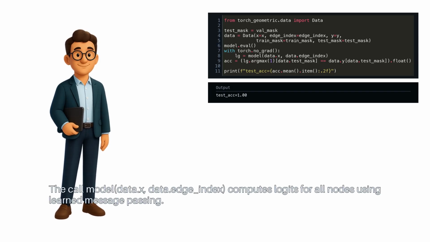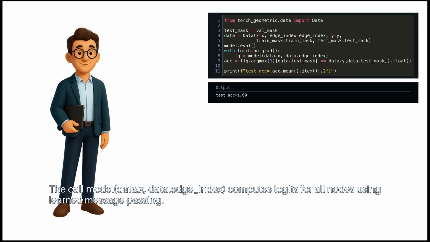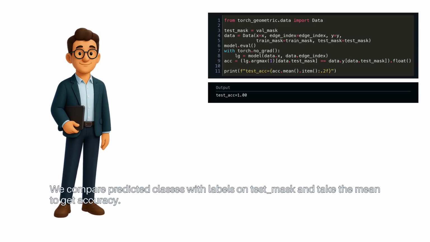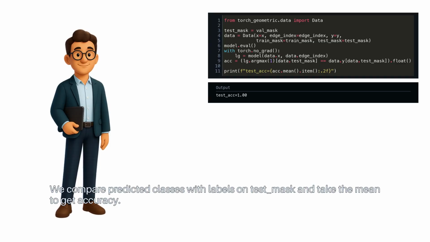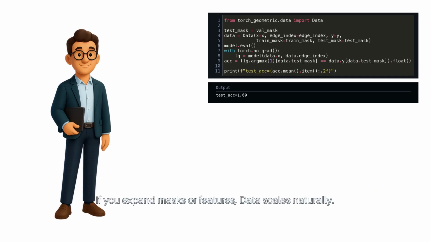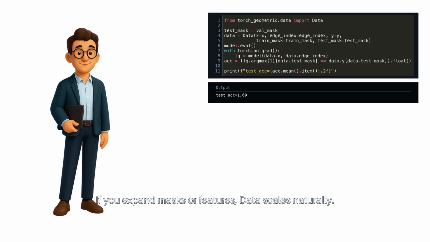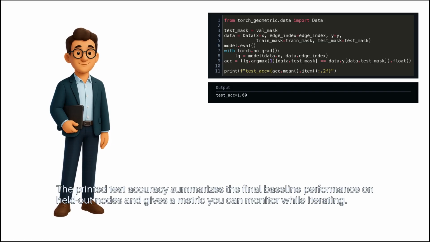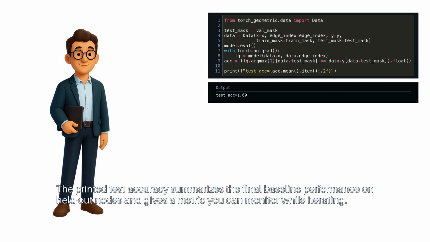The call model(data.x, data.edge_index) computes logits for all nodes using learned message passing. We compare predicted classes with labels on test_mask and take the mean to get accuracy. If you expand masks or features, data scales naturally.